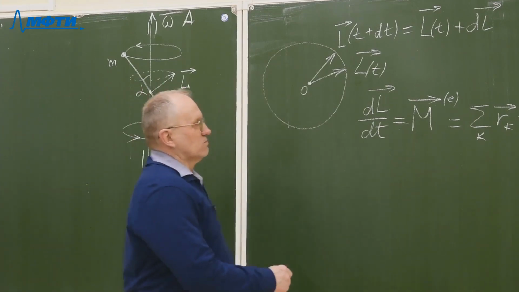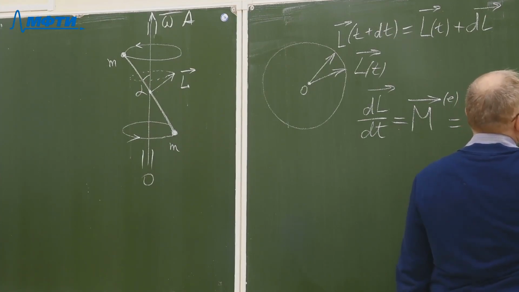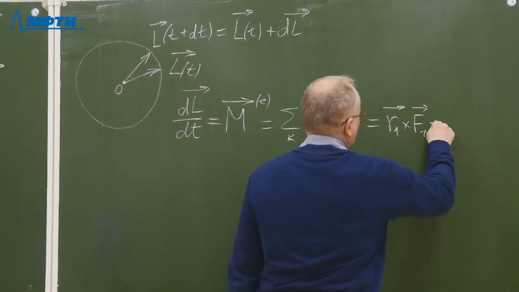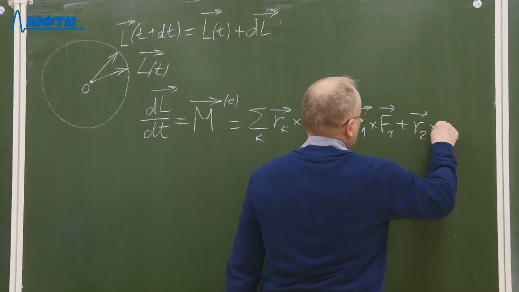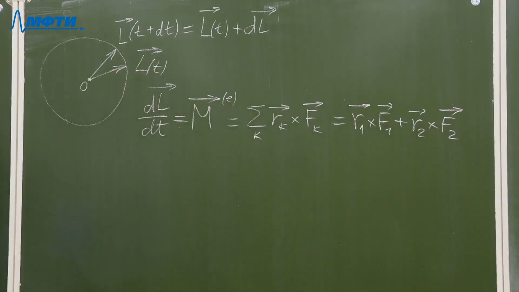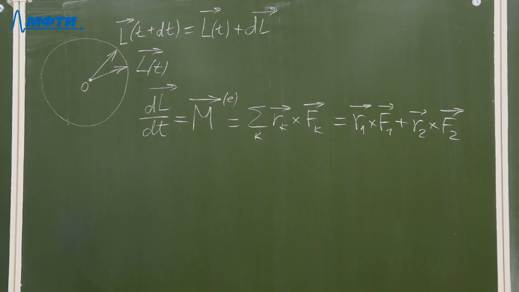So this sum will consist of two terms, R1 cross F1 plus R2 cross F2, two vector products, because we have only two bodies. The first vector is this one, R1, and the second vector is here.